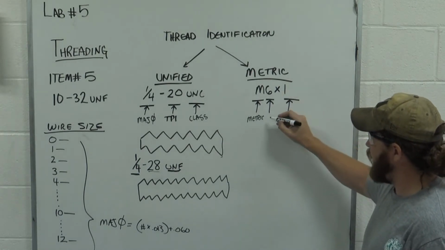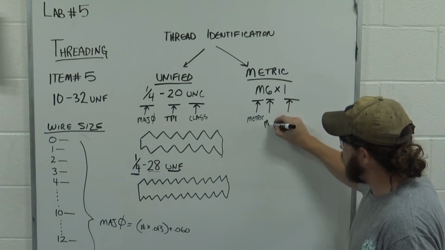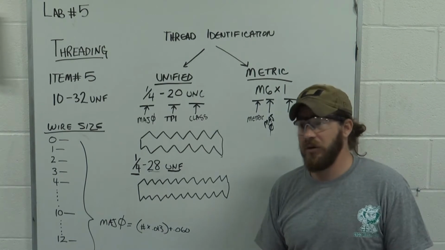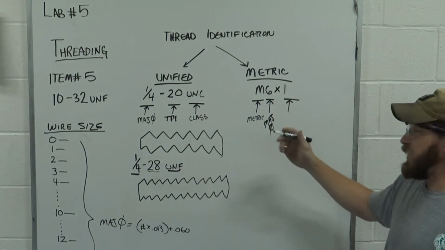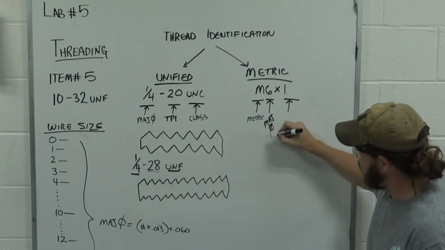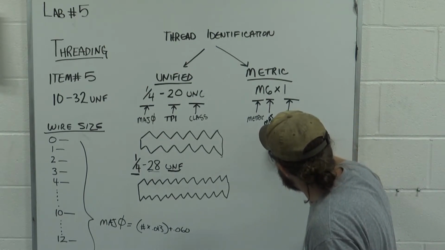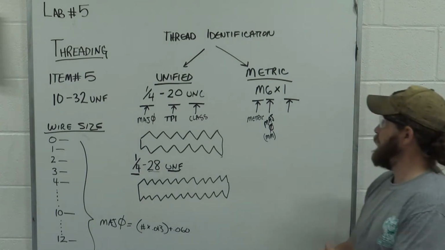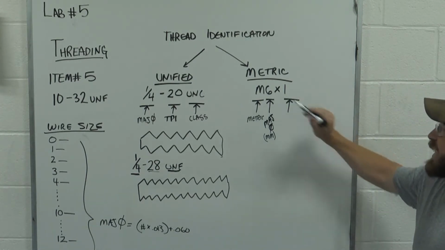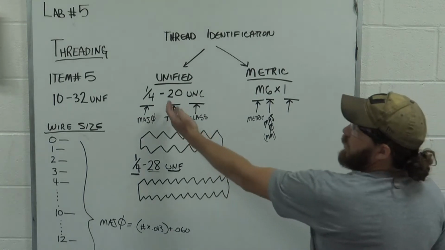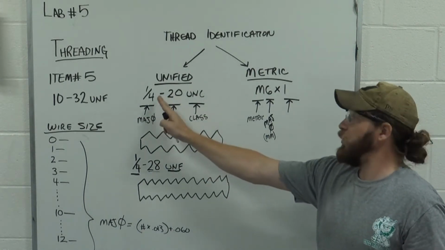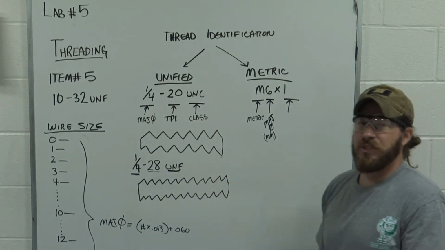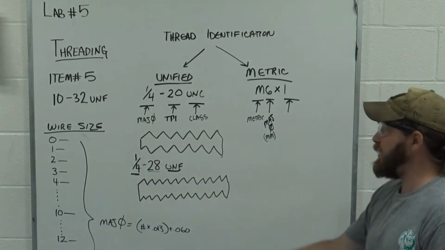This first number right here is your major diameter again. Since we're in metric, this is going to be in millimeters. And this X is very important. See how over here under unified we have a dash? That's usually a visual symbol that we're dealing with a unified thread.